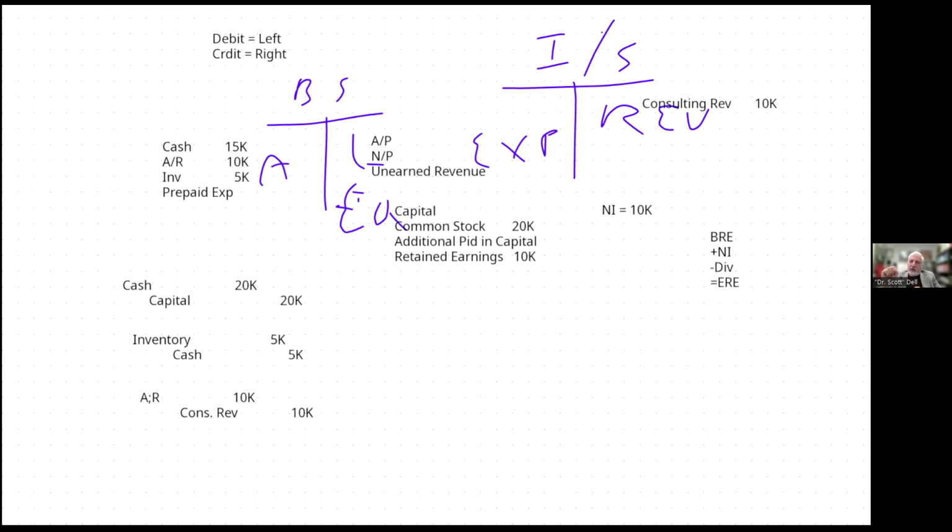I sold 10,000 worth of stuff and now I got the money. So I got a check in the mail, I got a direct deposit, and maybe I got a Zelle, who knows what I got, but I got paid. And I got $10,000. And I got the other side of the transaction.